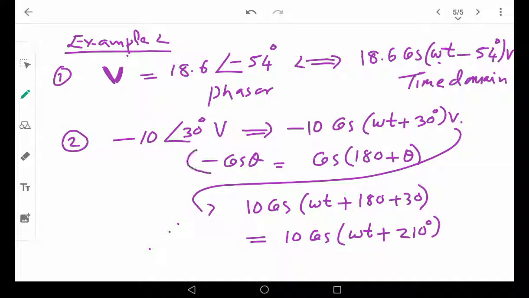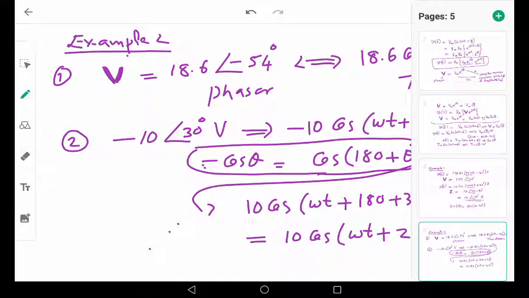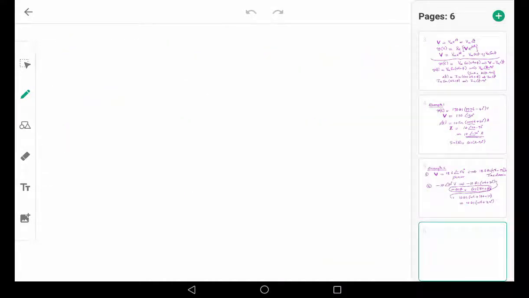This is a law that you have studied in school. In that case, you can convert the negative amplitude to a positive amplitude. That's better. You always make the amplitude a positive value.